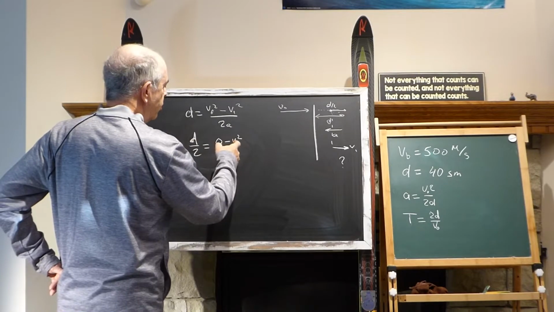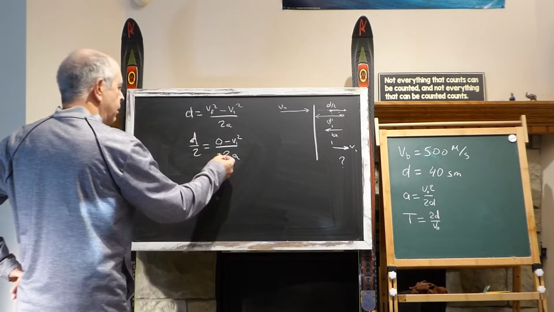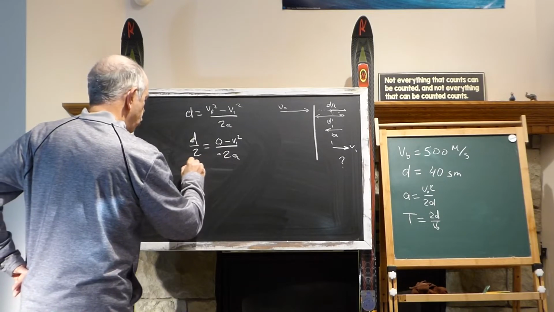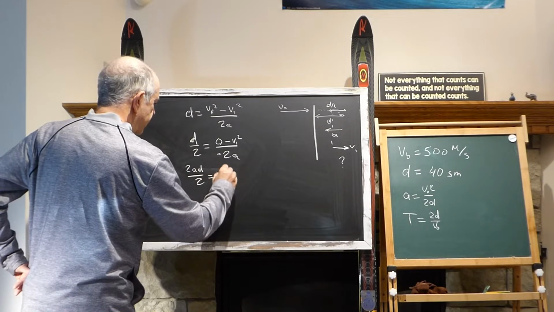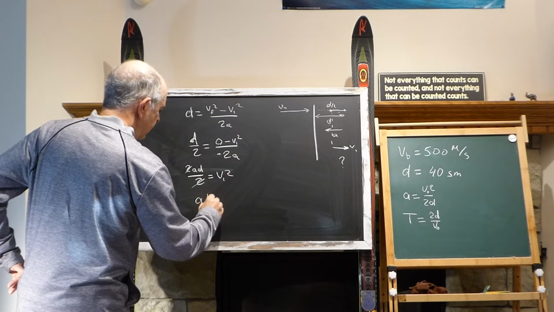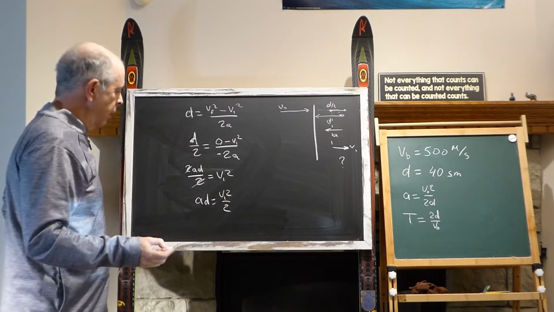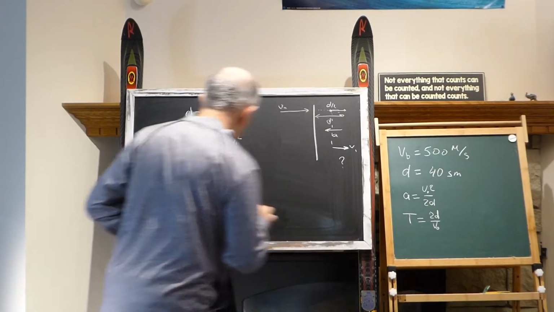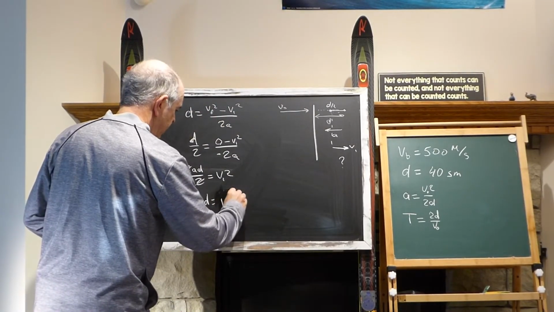D is known, v1 is not known, so everything without v1 would be 2ad over 2 equals v1 squared. 2 is gone, ad equals v1 squared. Oh, sorry, v1 squared. I say one thing and write another. This happens to the best of us.